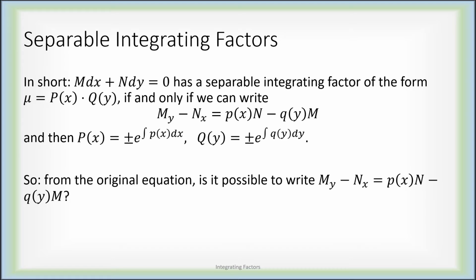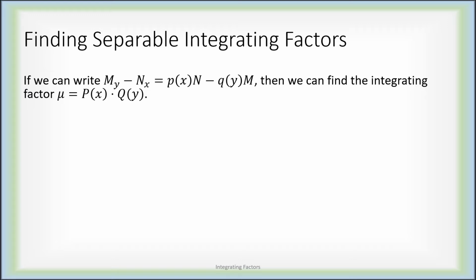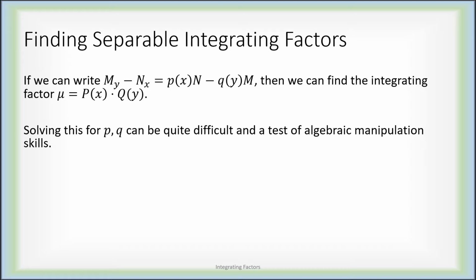So from the original equation, what we now need to know is it actually possible to write M_y minus N_x in the form that we need? So if we can write m sub y minus n sub x as a function of x times N minus a function of y times M, then we can find the integrating factor by going through a bunch of work. Solving for p and q can actually be quite difficult and really test your algebraic manipulation skills.